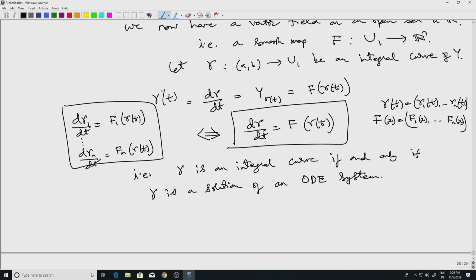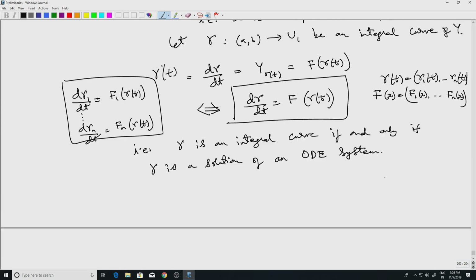The fact that the right hand side depends just on gamma t and does not involve t as a separate variable is why this is usually called an autonomous system of ODEs. But let me just stick to the phrase ODE system to mean this.